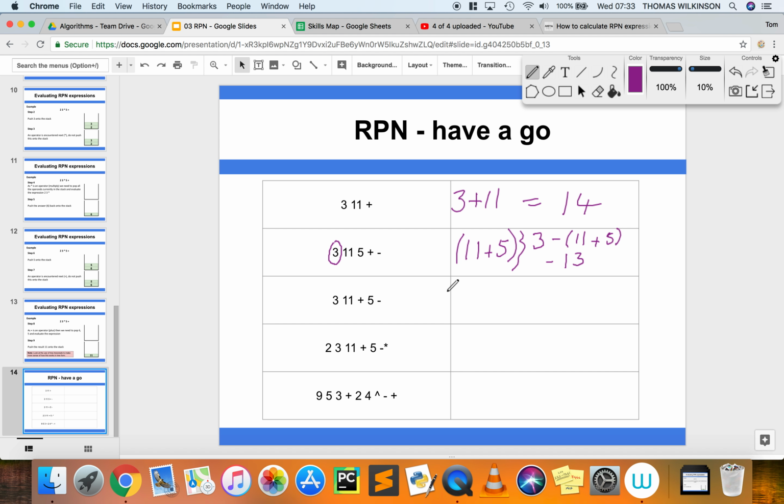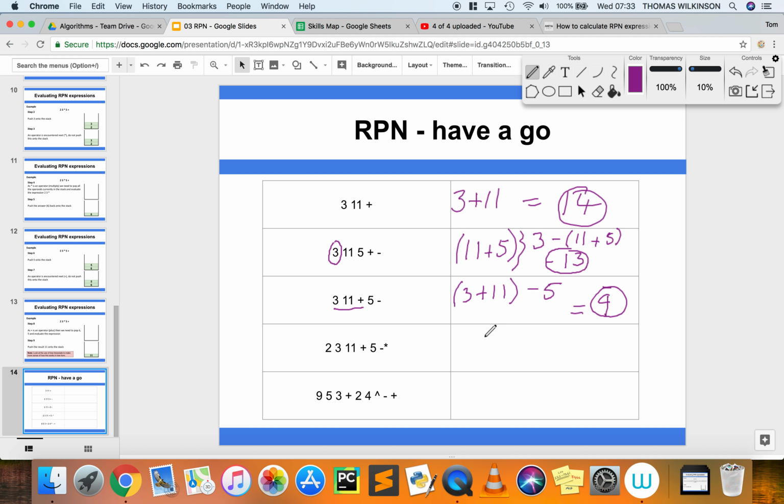With the fourth one, what we're going to do here is first of all evaluate 11 and 3, which is going to be 14, and then we're going to subtract 5 from it to give us 9, and then we're going to multiply it by 2.